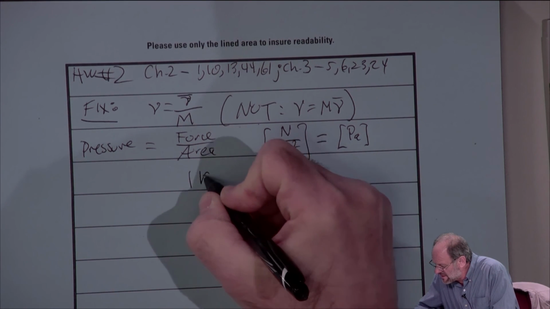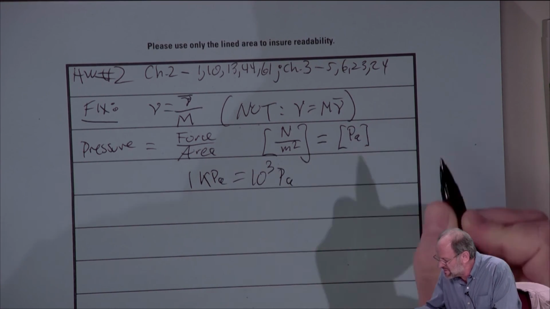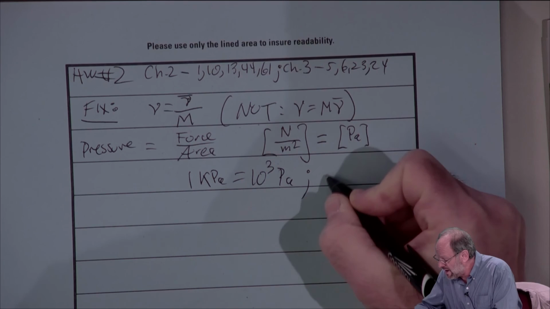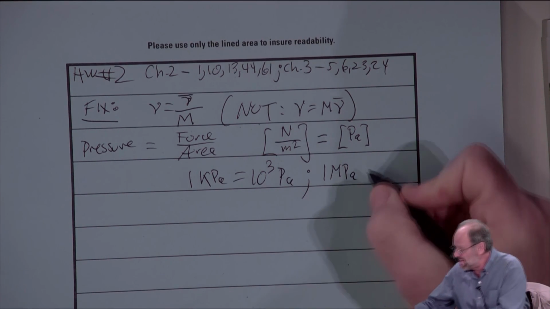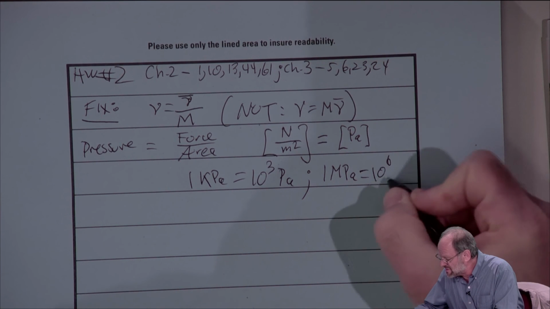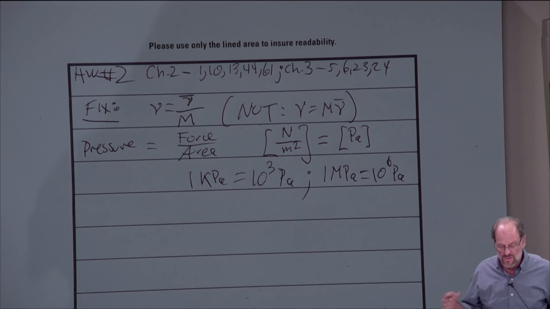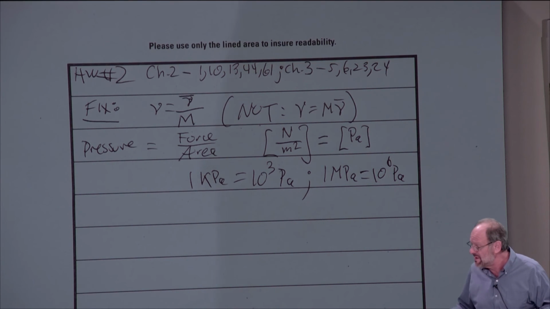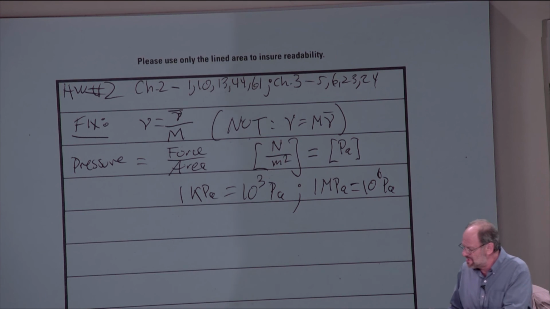So 1 kilopascal is going to equal 1,000 pascals. We also may have some problems where we're going to be in the megapascal range. So, 1 megapascal is just 1,000,000 pascals, or if you will, 1,000 kilopascals. So just be aware of this. These are common units. The kilopascal, much more common than just Pascal.